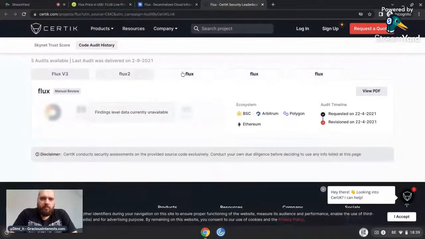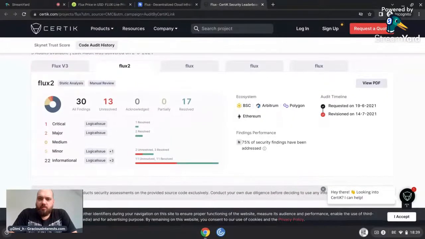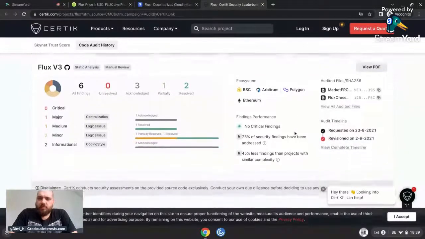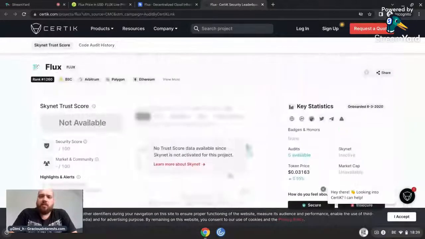Logical. Ecosystem: BSC, Arbitrum, Polygon, Ethereum. Findings, performance. Audited files. So yeah, look at this for what the audit did if you have access to it.